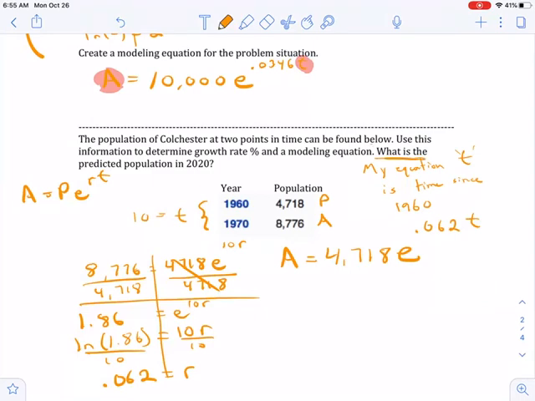So now notice at the end of this, it says, what is the predicted population in 2020? So for 2020, I'm okay to do this here. I don't need to go changing any dates like I did in the previous assignment. Here, what this means is that t equals 60. So it wants us to plug 60 into this equation because we are 60 years away from 1960. So now I'm going to just plug that into my modeling equation, and we'll see what we get. 4718 e to the 0.062 times 60.